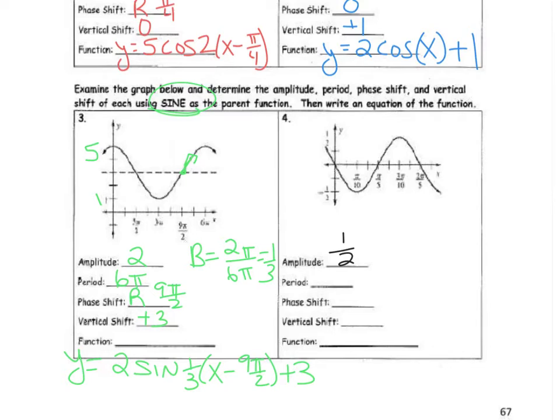The period, all right, so one pattern, if it starts here in the middle, it gets back over here at 2 pi over 5. Because we're going to do a sine function, I need the middle going up for a positive sine graph. So that's here, which is going to be right pi over 5.